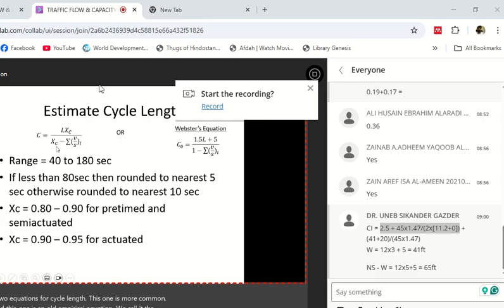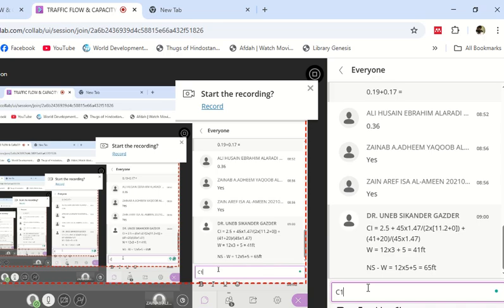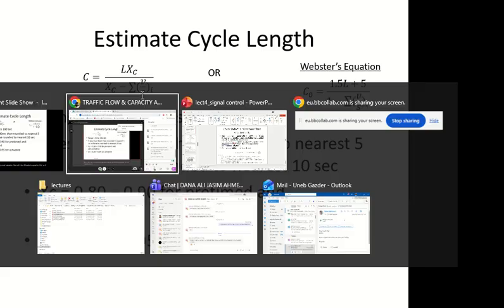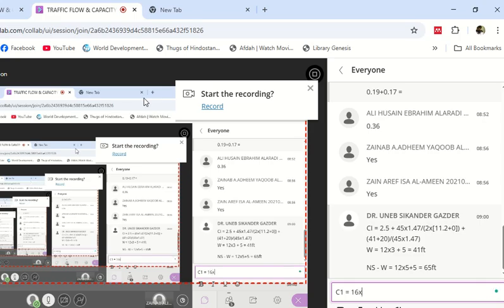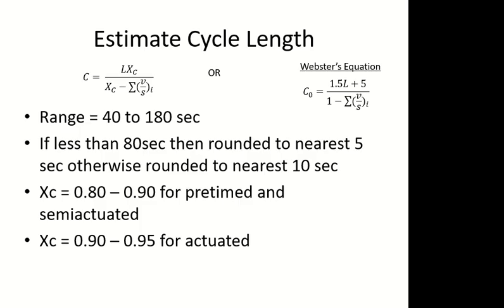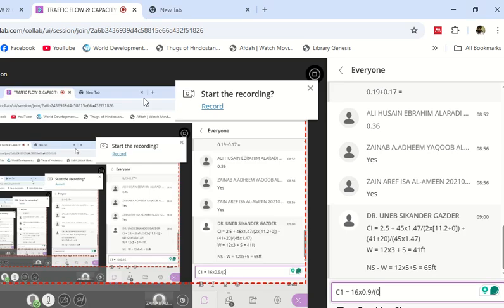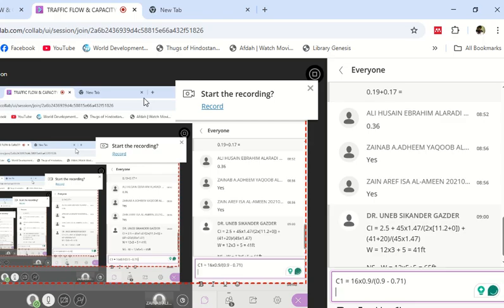So if I'm using this one, C1 equals 16 seconds of lost time, target V by C ratio 0.9, then 0.9 again minus 0.71. This will give you the first cycle length.